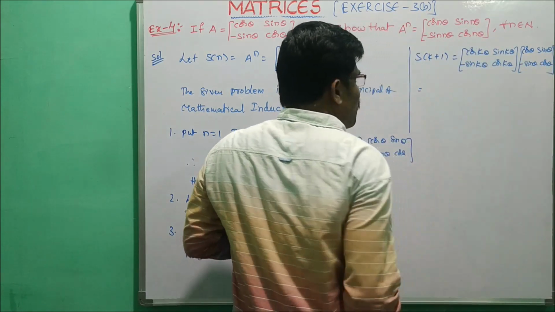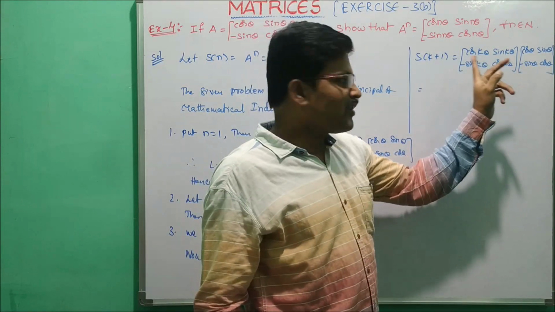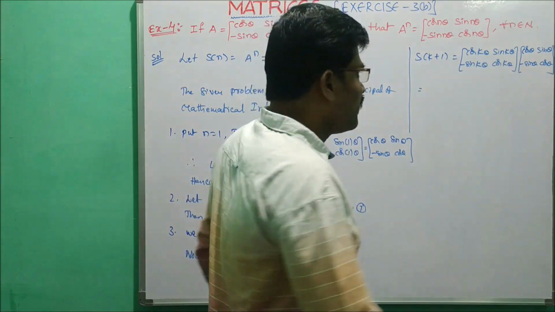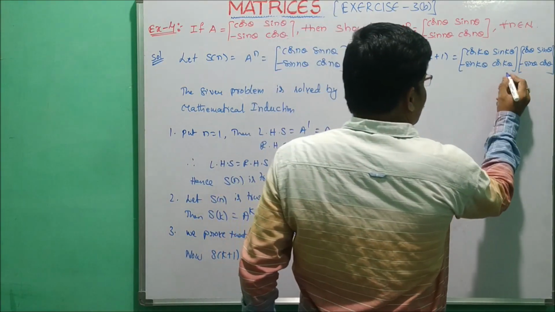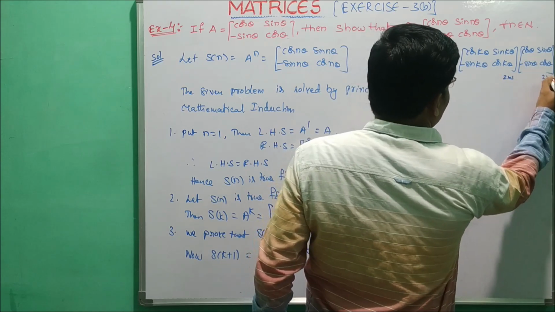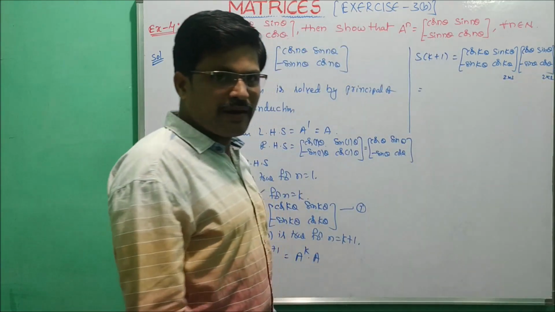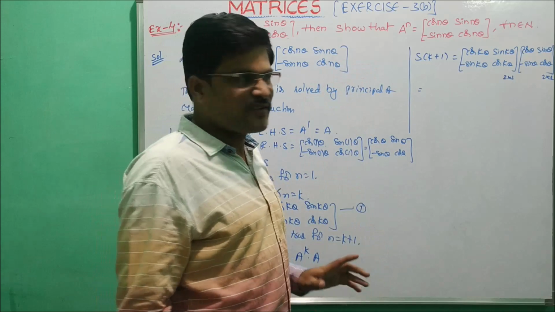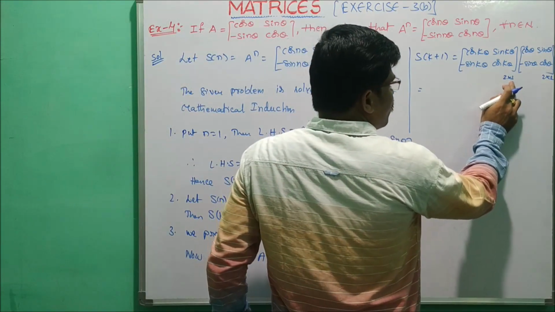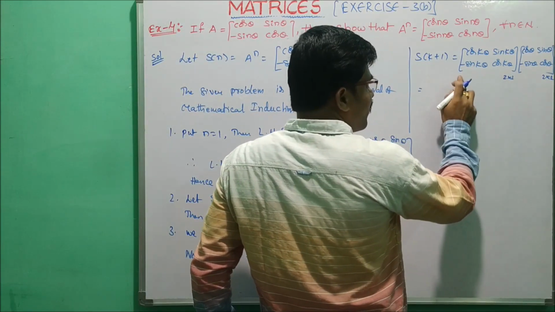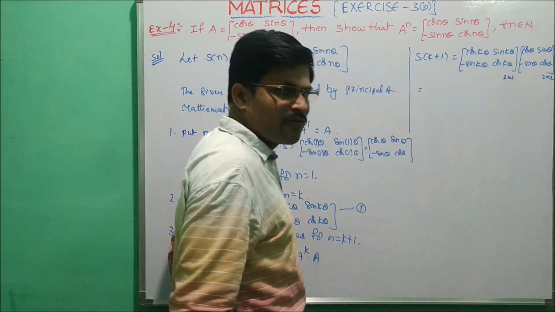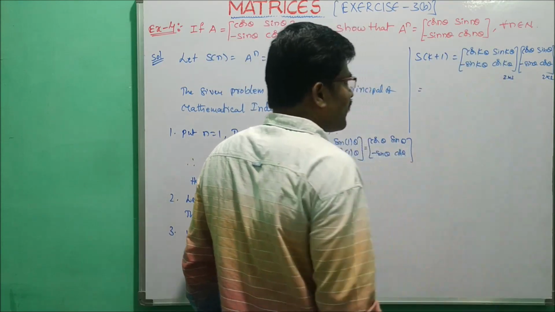Now multiply the first matrix with the second matrix. Clearly these are 2 by 2 square matrices. Here multiplication exists because the number of columns in the first matrix equals the number of rows in the second matrix. This is the multiplicity condition.